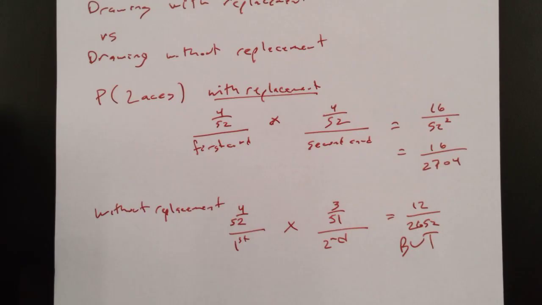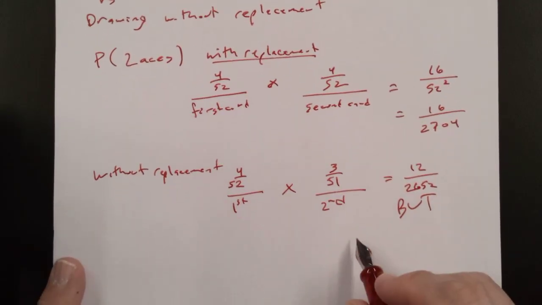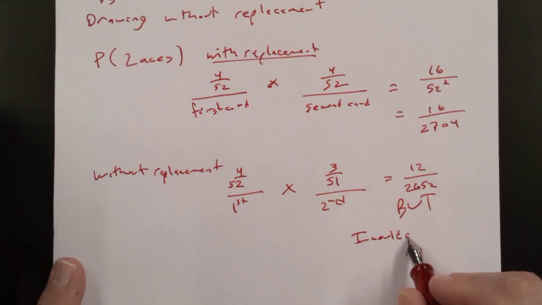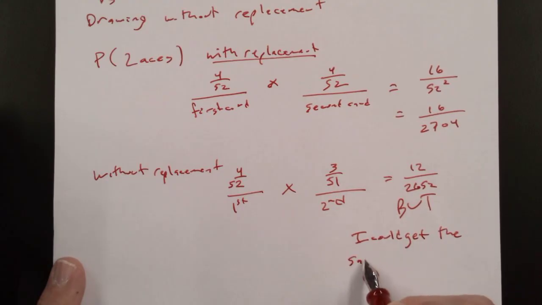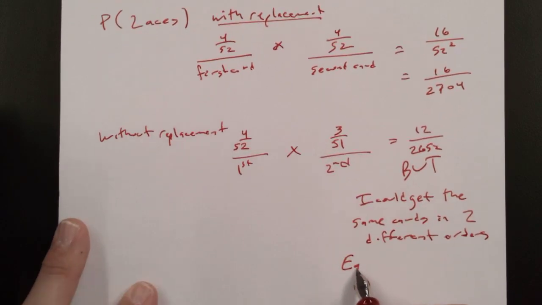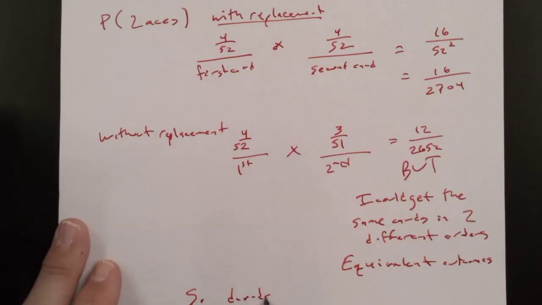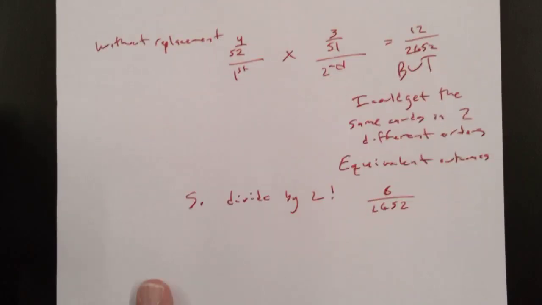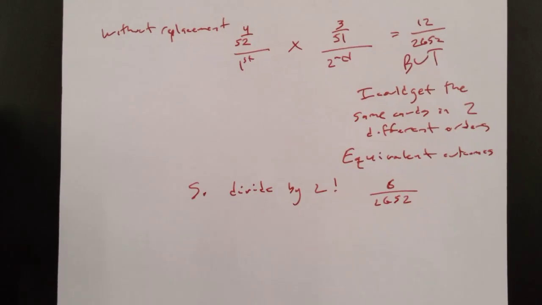I need to divide by 2. If I divide by 2, I get 6 out of 2652.